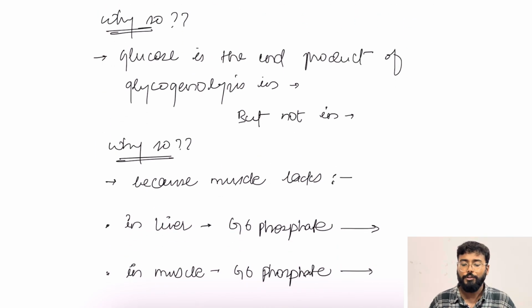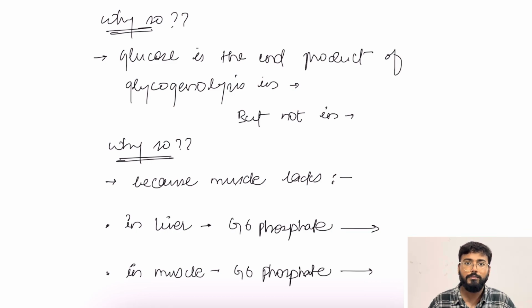It is because glucose is the end product of glycogenolysis in case of liver, but this is not true in case of your skeletal muscles, because your skeletal muscles lack this enzyme known as glucose 6 phosphatase. Glucose 6 phosphatase is present inside the smooth endoplasmic reticulum, and this enzyme is absent in case of skeletal muscle.